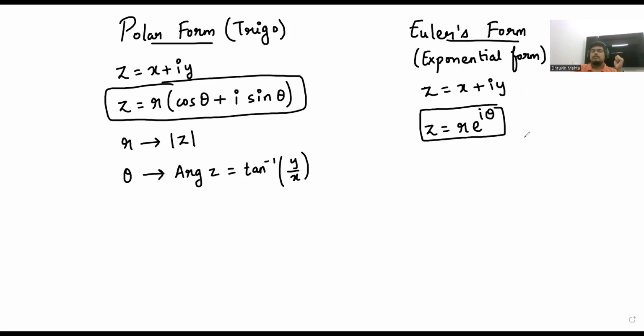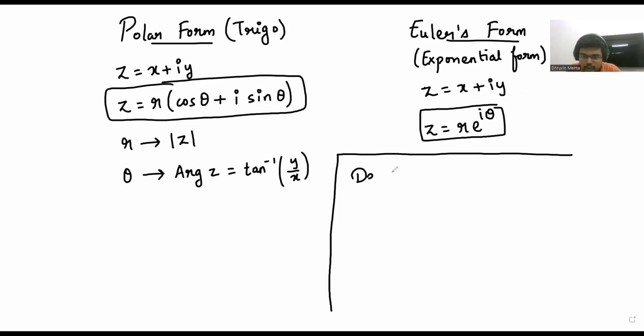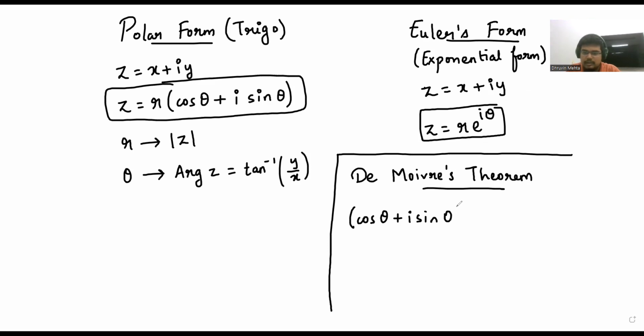Okay, now on the basis of this, let us understand one property which will be helpful. This property is called De Moivre's theorem. Arush, if we have cos theta plus i sin theta, the whole raised to n, where n can be any number.